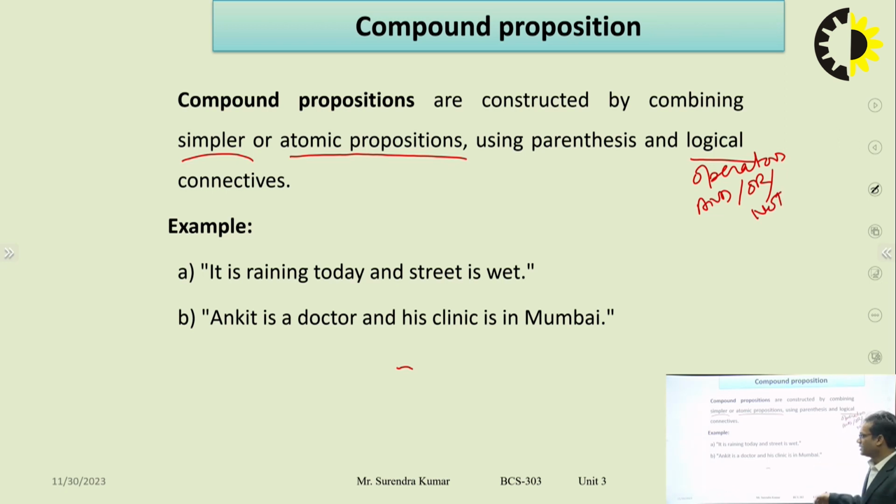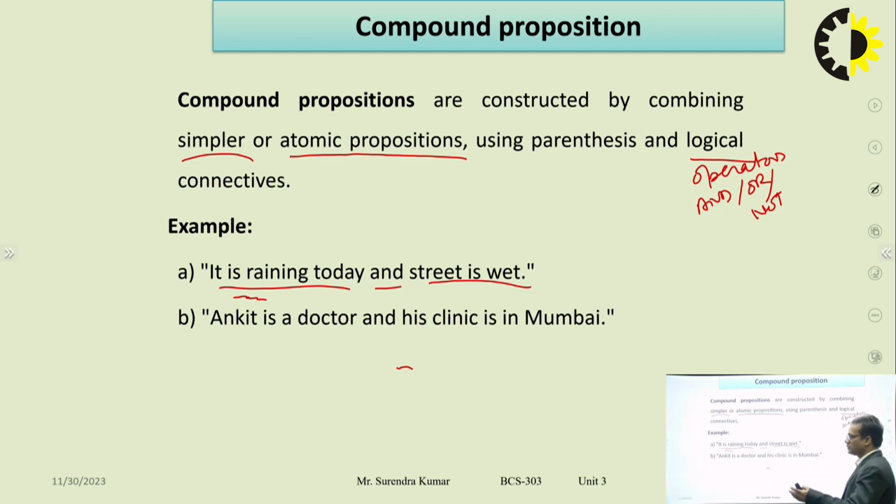Again we take an example for a compound proposition. We have two atomic statements. One is it is raining today, and the second is the state is wet. So these are two atomic statements, and we are combining them with the help of the word and, right?